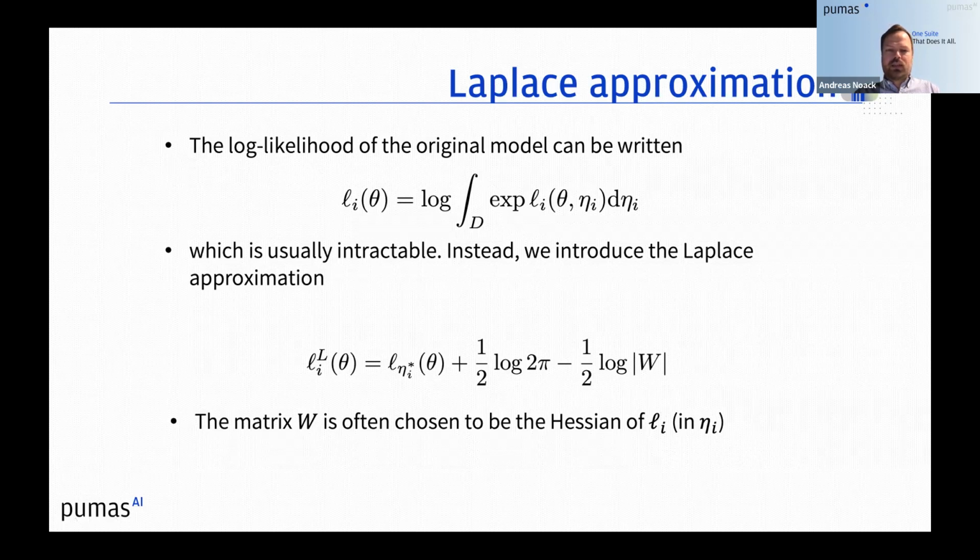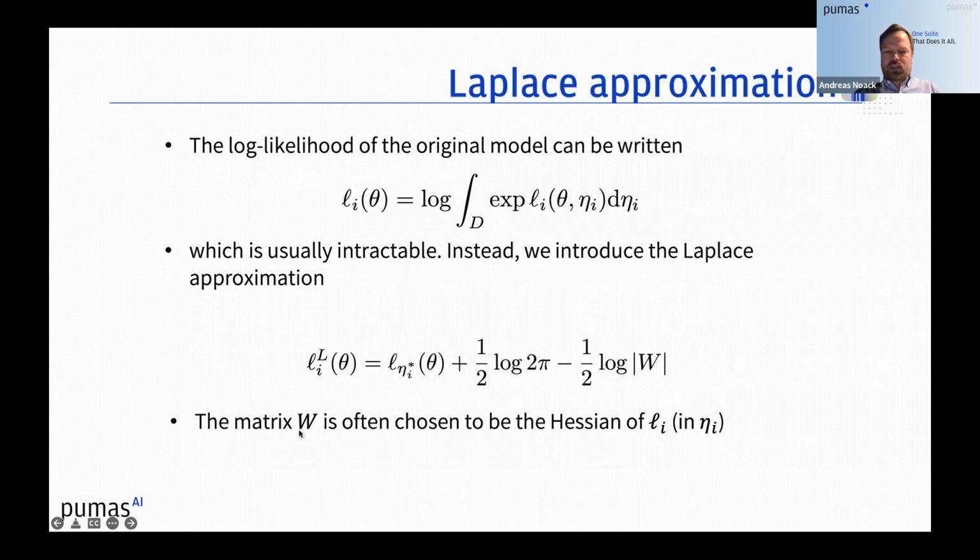You make a second order approximation of the log likelihood, L_i(theta, eta_i), a quadratic approximation around eta star, which means that the first order term will disappear because the gradient is 0. Then there is a W here, which is the coefficient on the quadratic term in that second order approximation. And finally, there is the conditional likelihood evaluated at the mode as the first part.